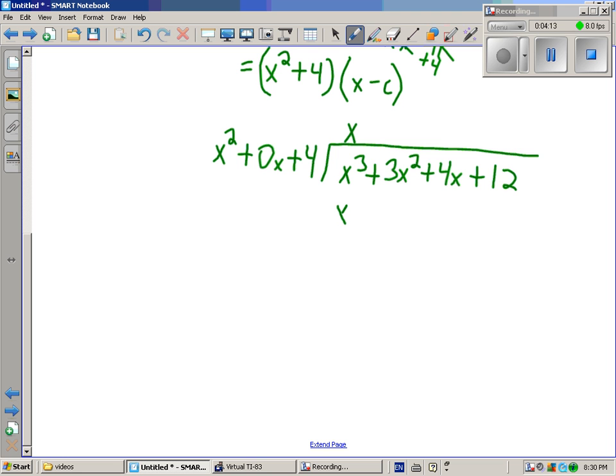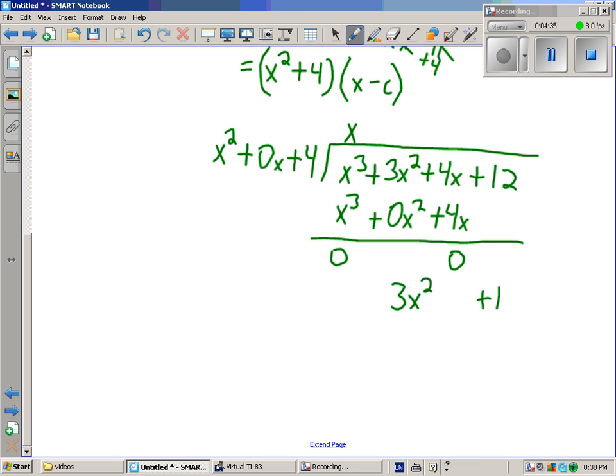Multiply it out, we get x cubed plus 0x squared plus 4x. All right, so now subtract, we get 0, and now we have 3x squared and plus 12 here.